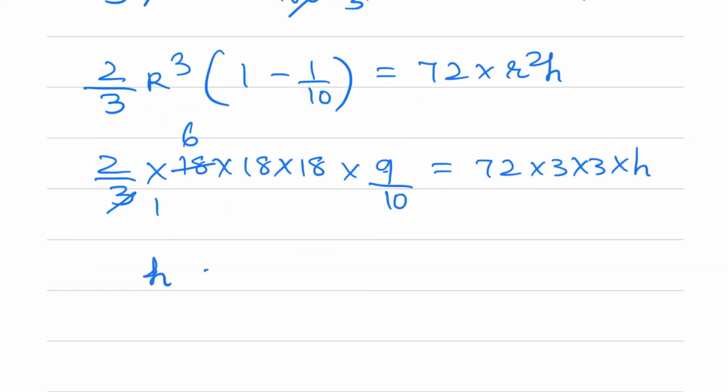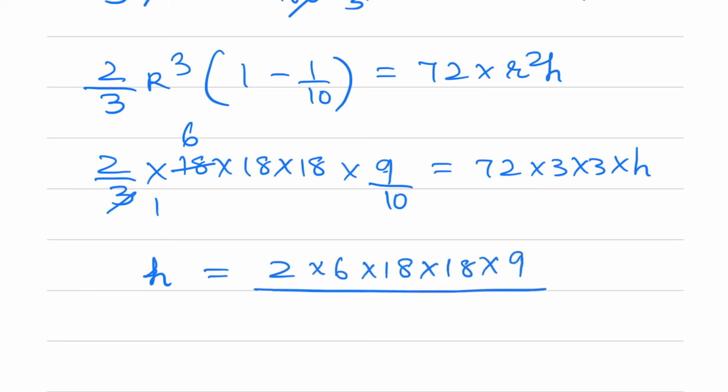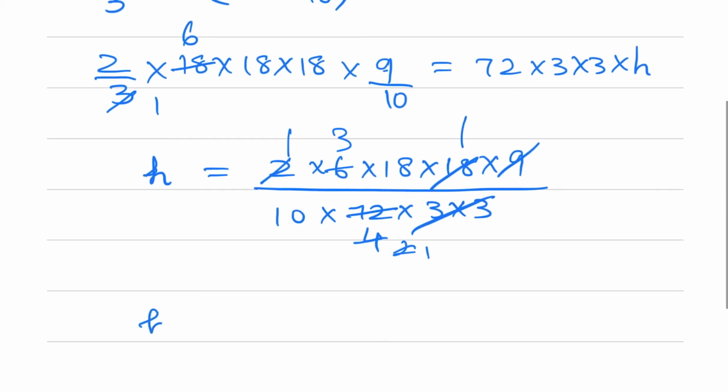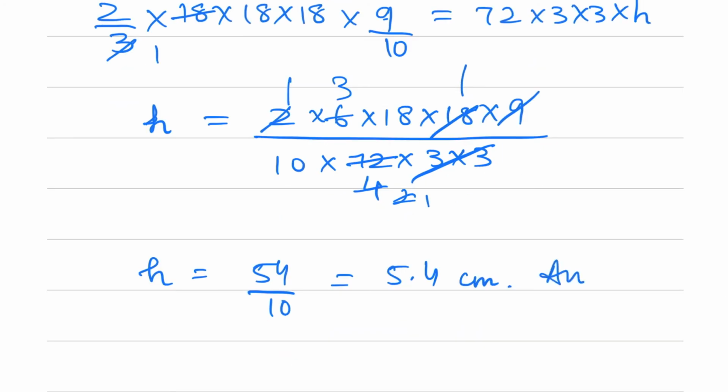So height will be equal to 2 into 6 into 18 into 18 into 9 by 10 into 72 into 3 into 3. So 3 and 3, 9 here, 18, 1, 4 and 2, 2 times 2, 1 time 3. So height I am getting 18 into 3 is 54 by 10. So 5.4 centimeter. That's the answer.